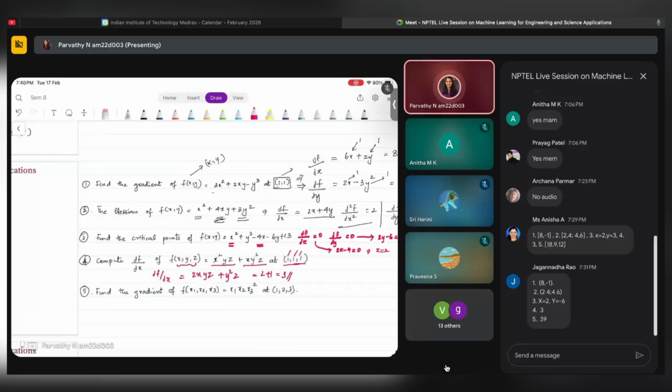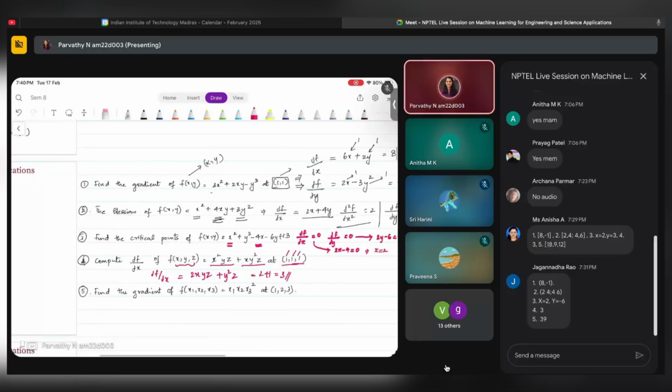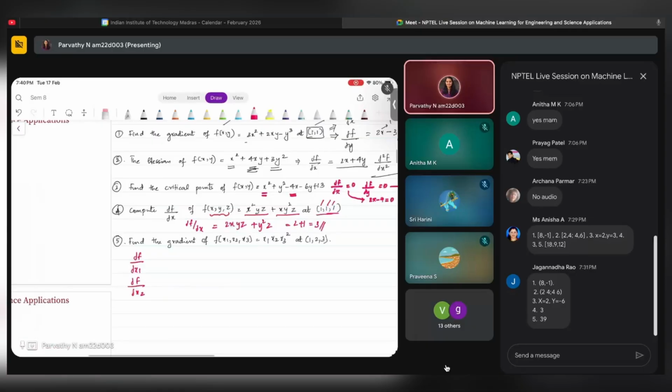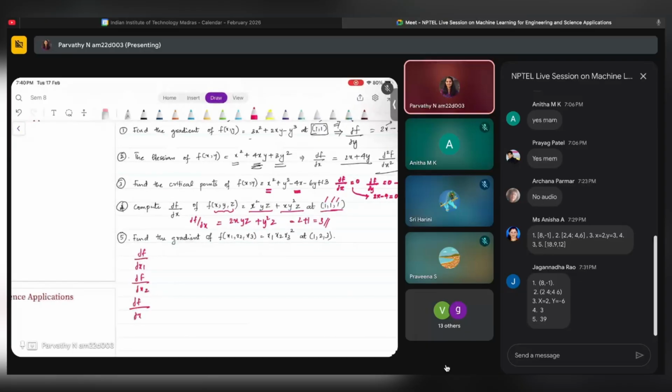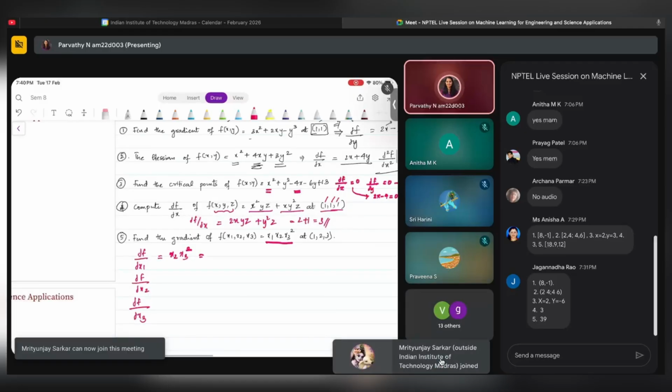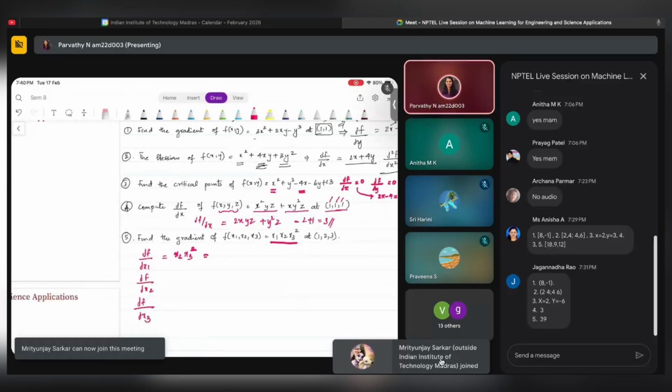So to find the gradient again we take ∂f/∂x1, ∂f/∂x2, ∂f/∂x3. So ∂f/∂x1 is x2 x3², and we know x2 and x3 are 2 and 3, so you can substitute. That is 2 into 3 squared, which is 9.